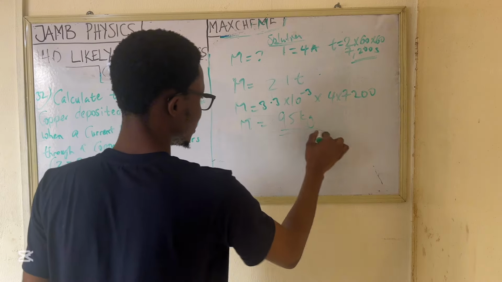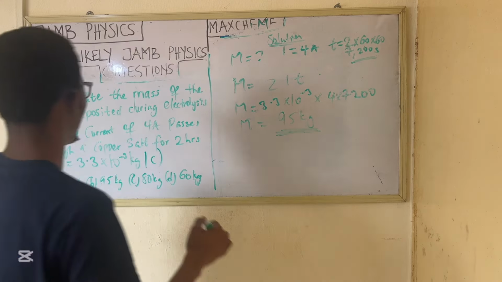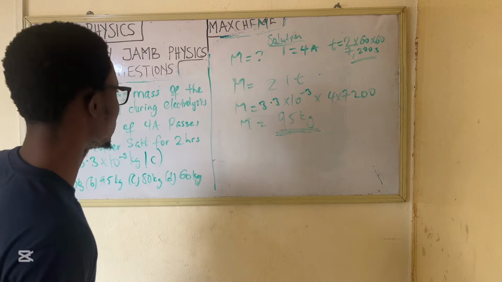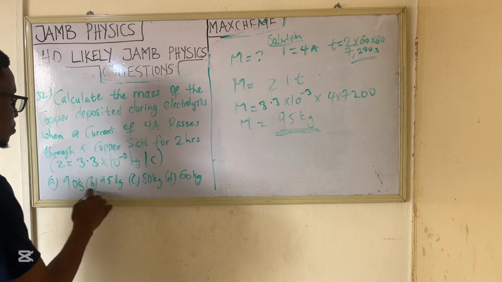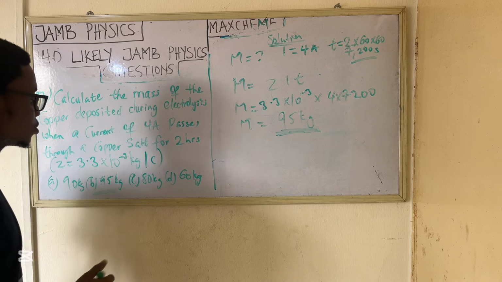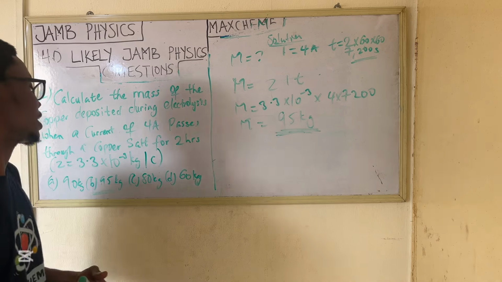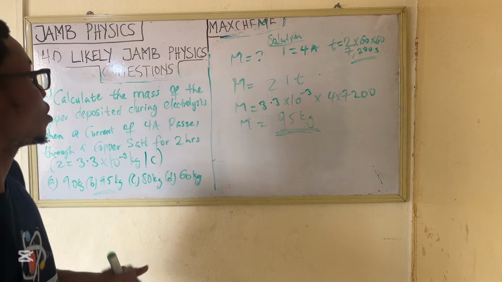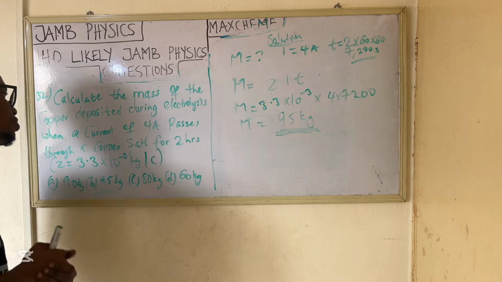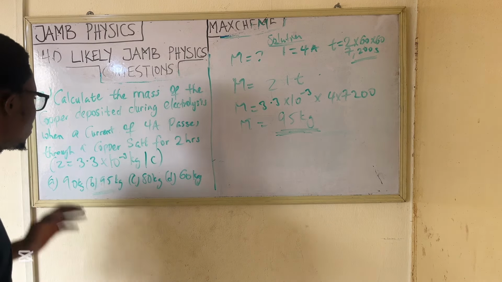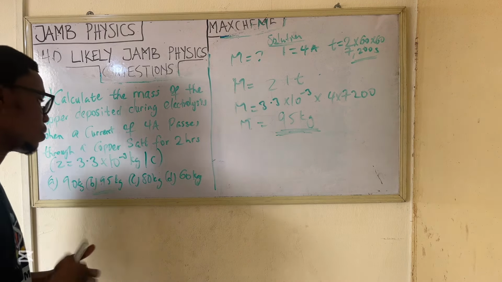So that is the mass of copper deposited during the electrochemical process. So option B is the right answer: 95 kilogram is the mass of copper deposited during electrolysis when a current of 4 ampere passes through a copper source for 2 hours.